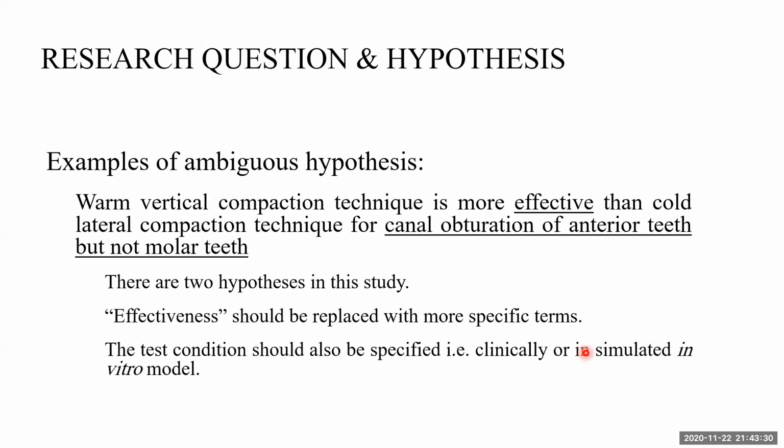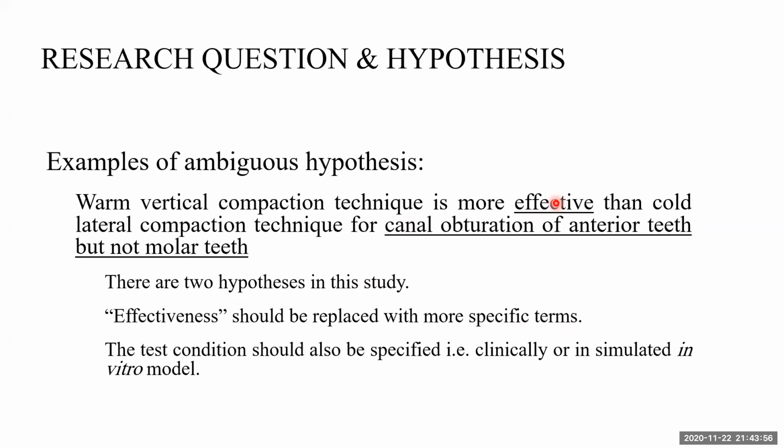Example of an ambiguous hypothesis. For example, warm vertical compaction technique is more effective than cold lateral compaction technique for canal obturation of anterior teeth, but not molar teeth. You can see there are two hypotheses in this study, and the effectiveness should be replaced with a more specific term. It's not specific, it's general. What is the meaning of effective?